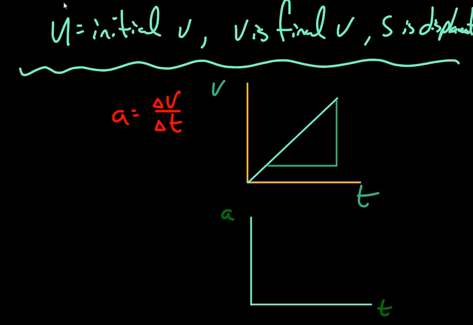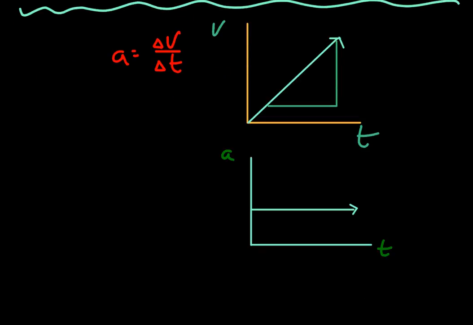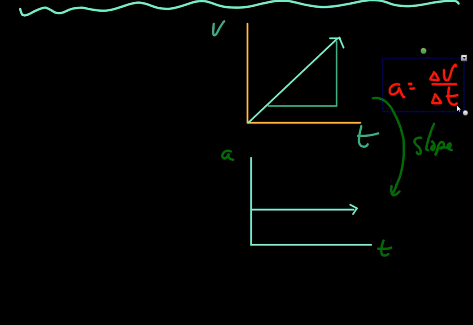You would expect that this graph then has a constant acceleration, just like that. So one more thing we can write is that the slope of the velocity time graph generates the acceleration time graph. So that's this here, put it over there.